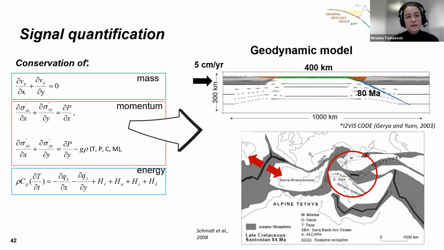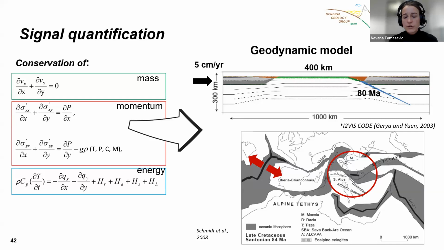To test this hypothesis, we ran thermomechanical geodynamical models developed by Taras Gerya. These models are based on different types of equations. They account for conservation of mass, momentum, and energy. And the model setup is inspired by the geological evolution of the Dinarides. In the upper right corner, this depth-to-distance profile is one snapshot of this model.